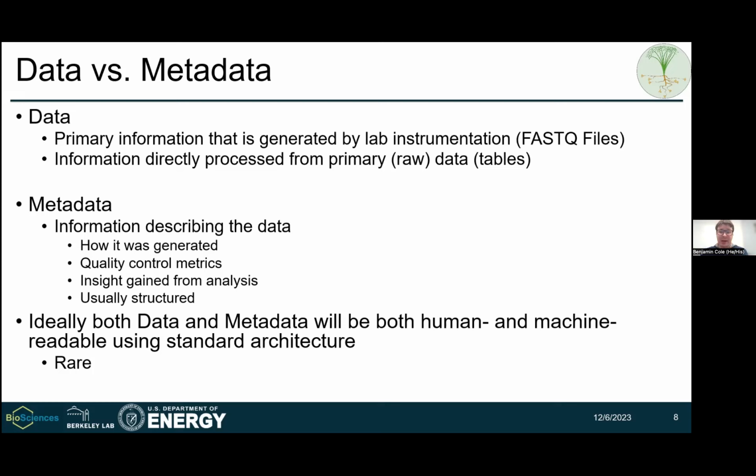What I mean by metadata is pretty much everything else. So this is information describing the data, and this can include experimental considerations like how the sample was generated, how the plants were grown and how they were treated, any quality control metrics that were applied to particle isolation or treatment prior to entering into the single cell workflow, and any insight that you gain from the analysis.